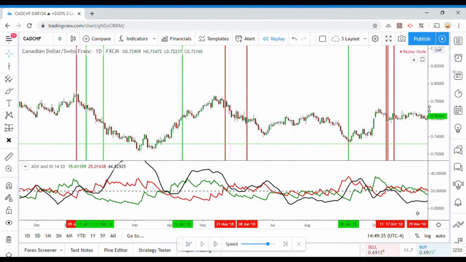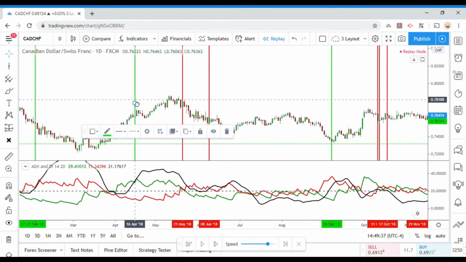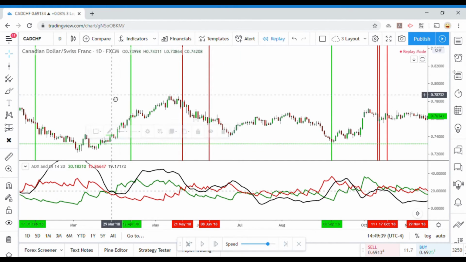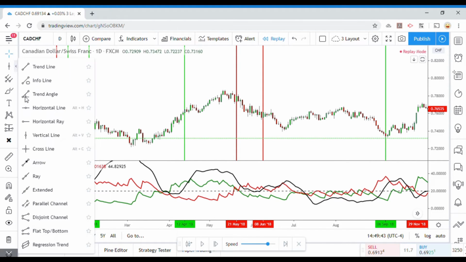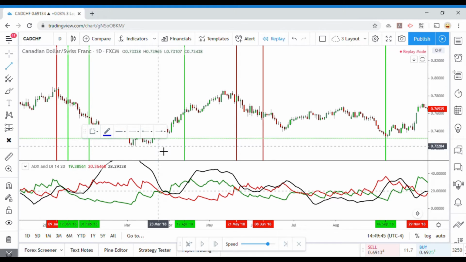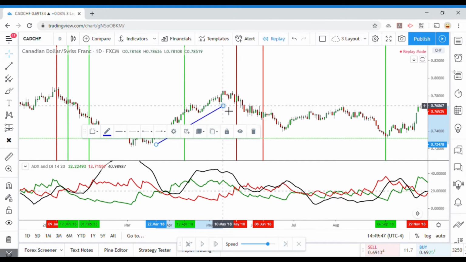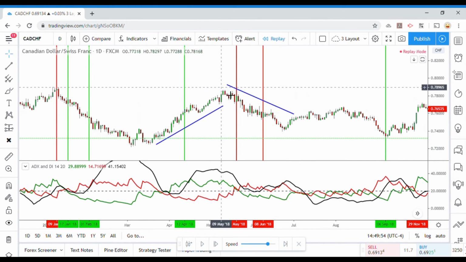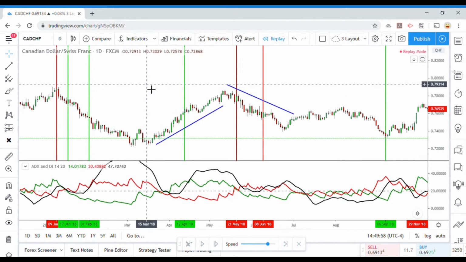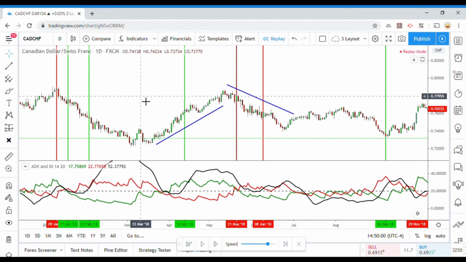It doesn't seem to be catching the trends. I've said this before on my RSI video, so I'm not going to go too far into this. We should be catching these trends.